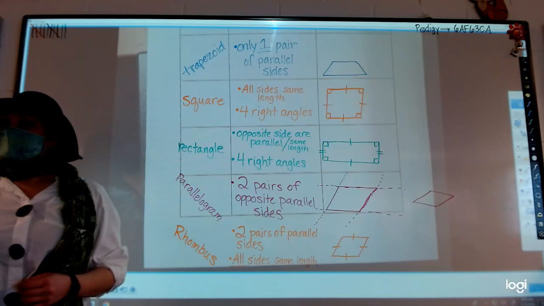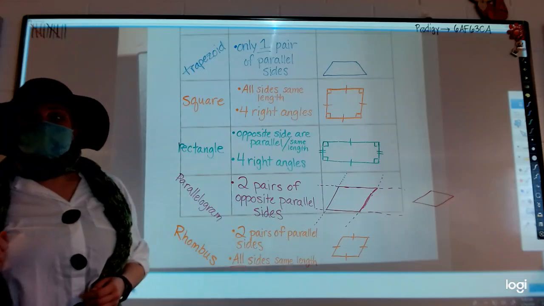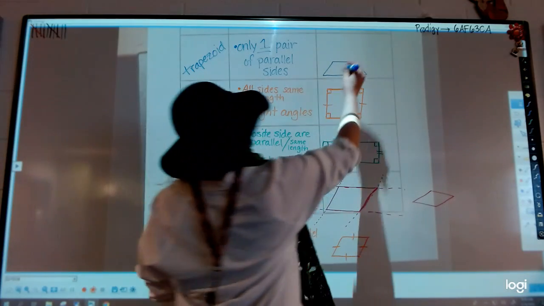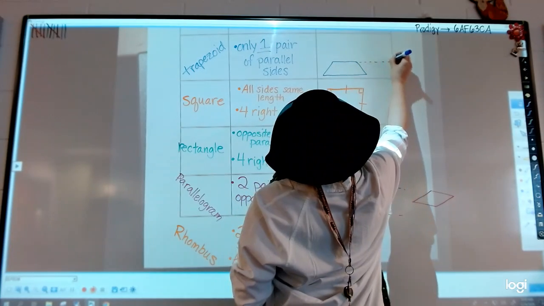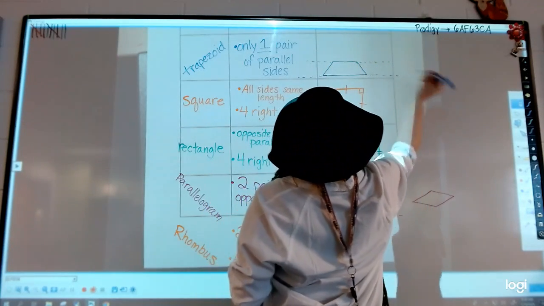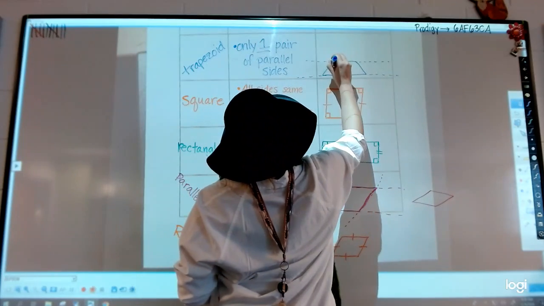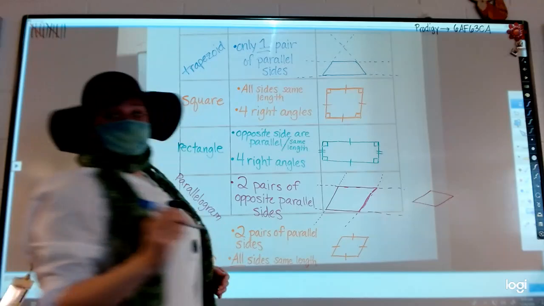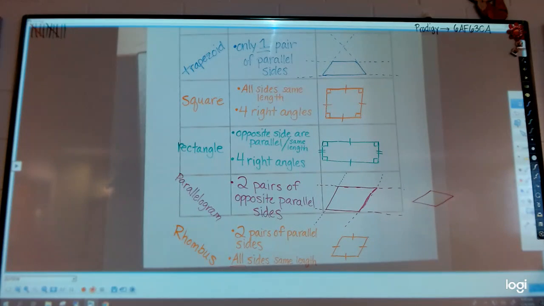What do you think, Aiden? Because there's only one pair that doesn't cross each other. Good. The top and bottom, if I extended these out, they're not going to cross, right? What about the sides? If I extend this and this, they're going to cross. So there's only one pair of parallel sides.